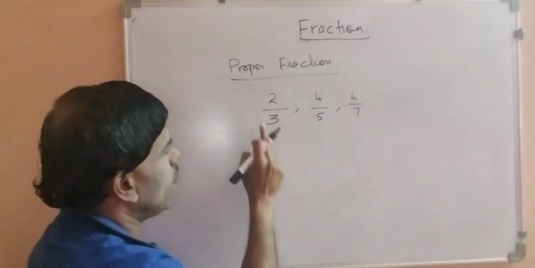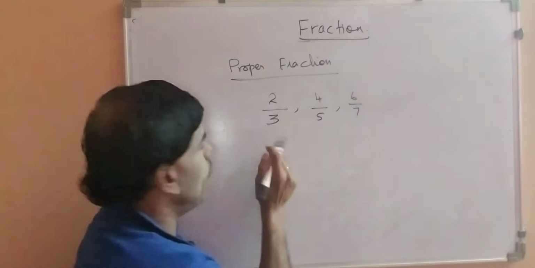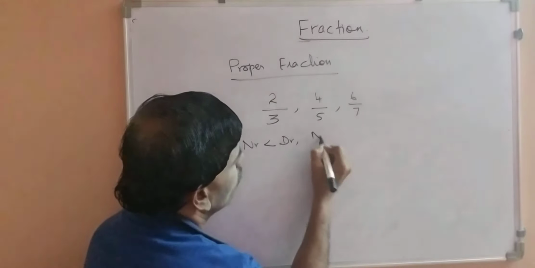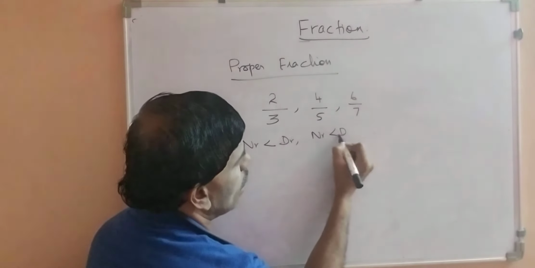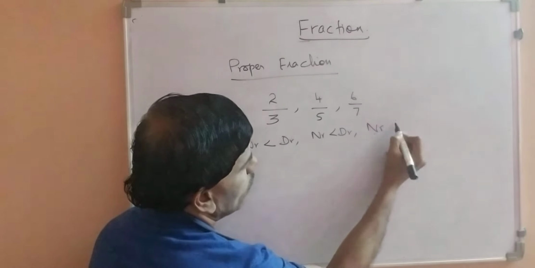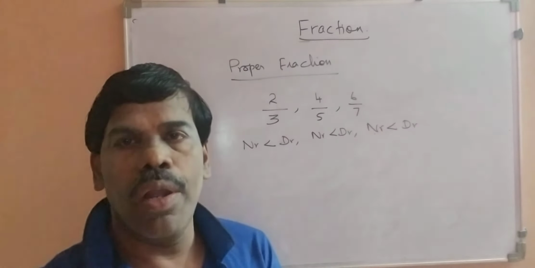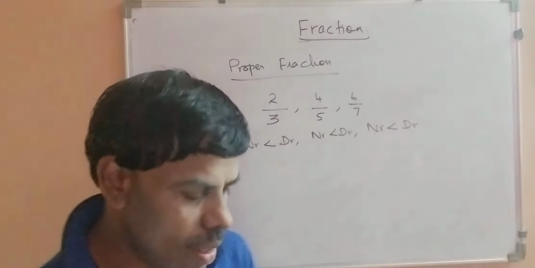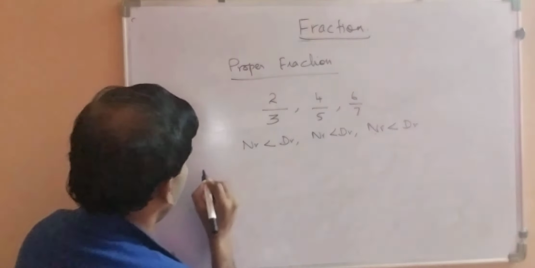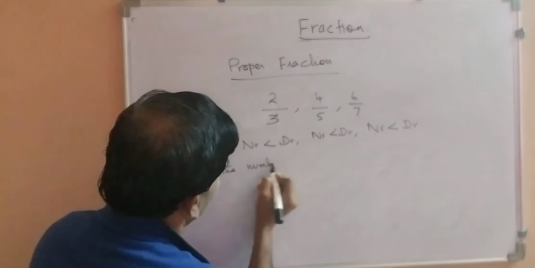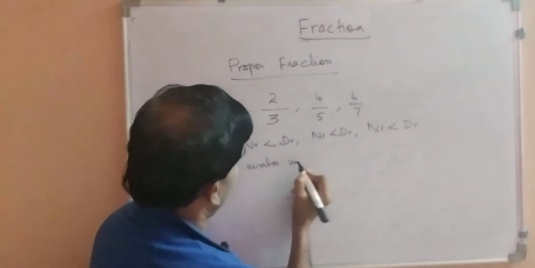The numerator is smaller than the denominator. Such fractions are called proper fractions.